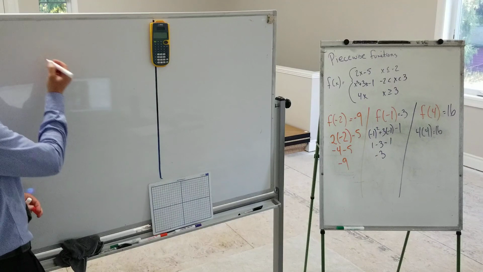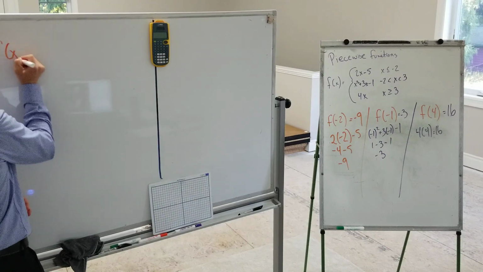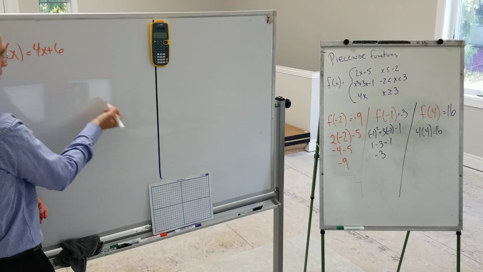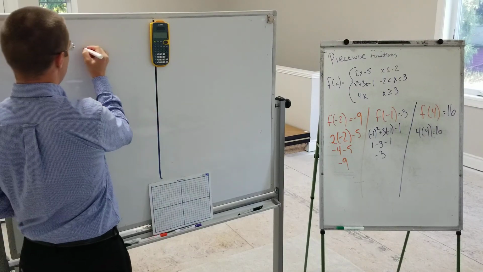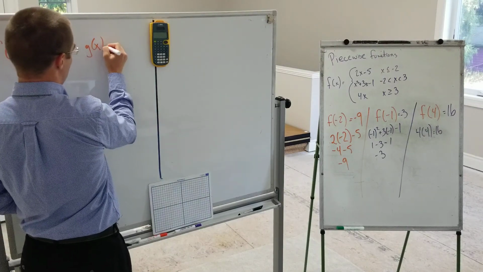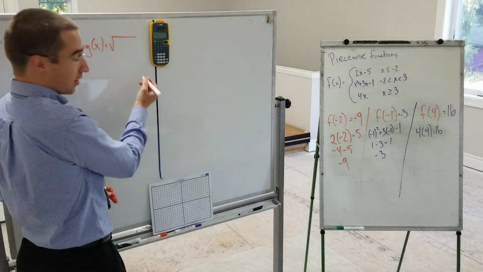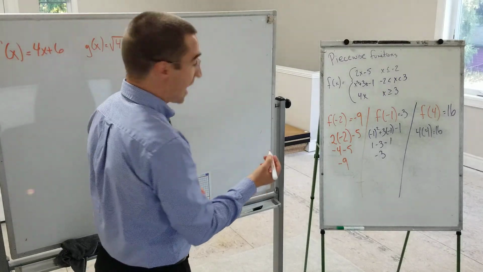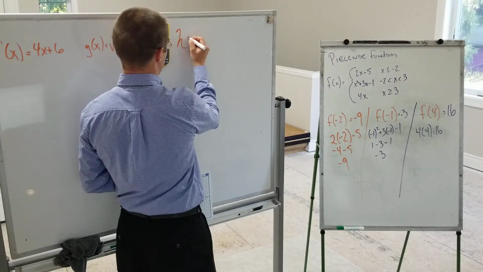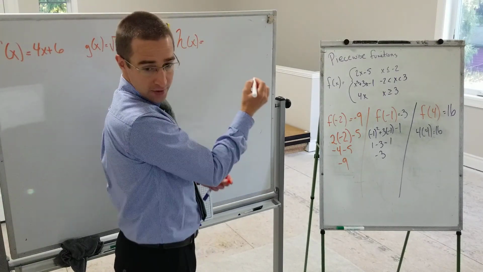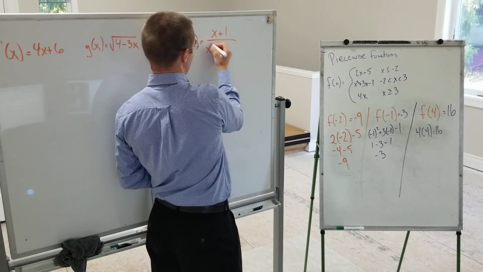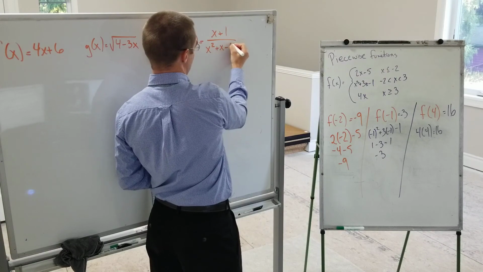All right, we've got 3 functions here. We have f of x equals 4x plus 6. We have g of x equals the square root of 4 minus 3x. And then we have h of x equals x plus 1 over x squared plus x minus 6.